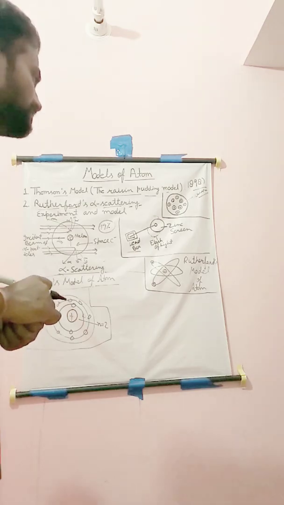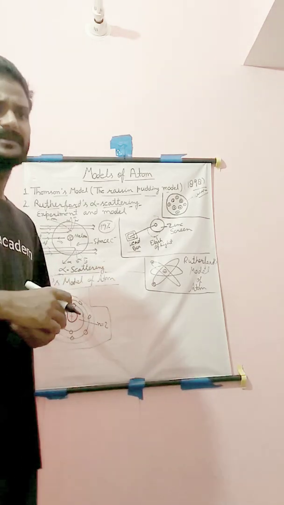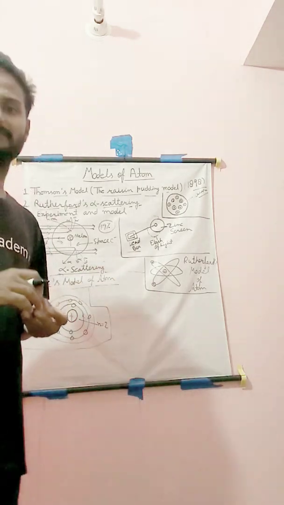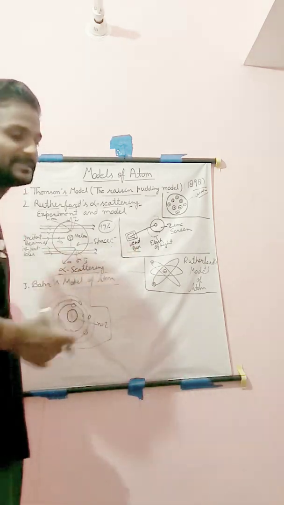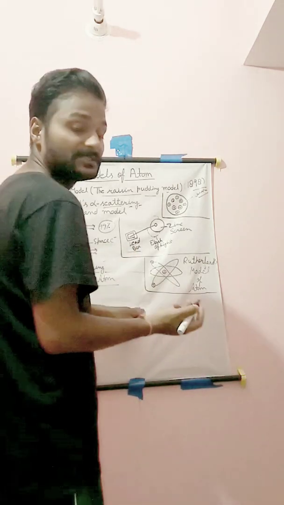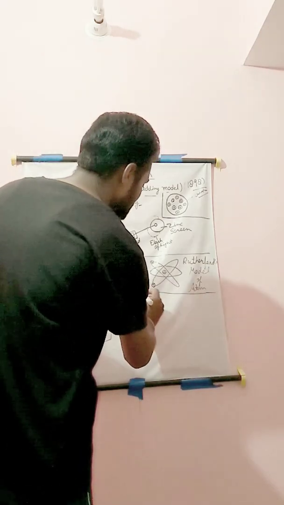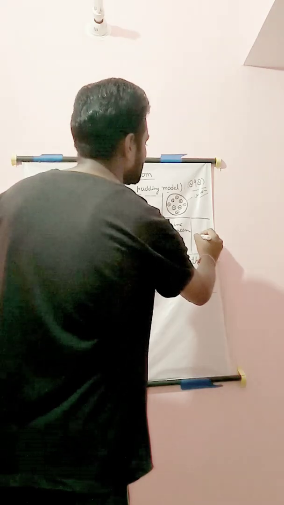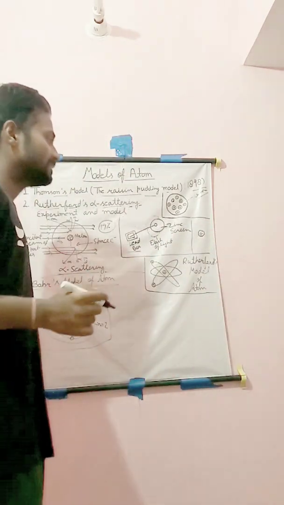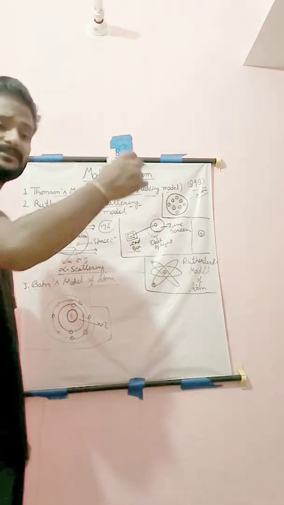His bigger drawback is that if we go through Maxwell's electromagnetic theory, he said that a positive charge is there. Suppose I draw here for your understanding, this is a positive charge, and electrons are continuously revolving.